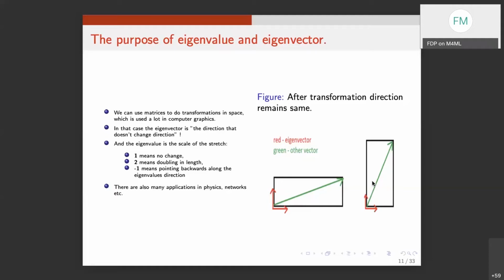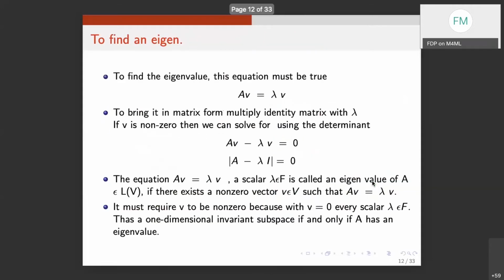Basically, to find the eigenvalue, we know that the equation must be true. Suppose A is a matrix, and we have a vector v, such that Av is equal to lambda times the vector v.